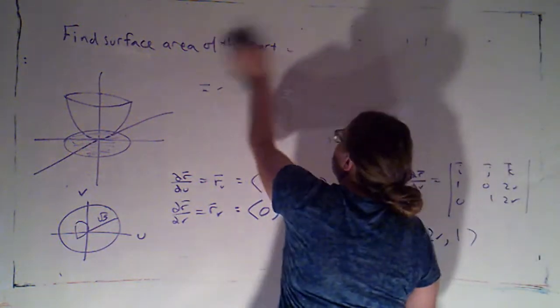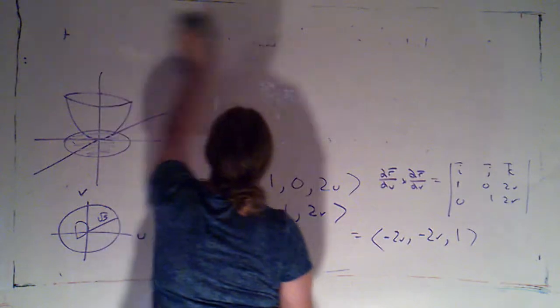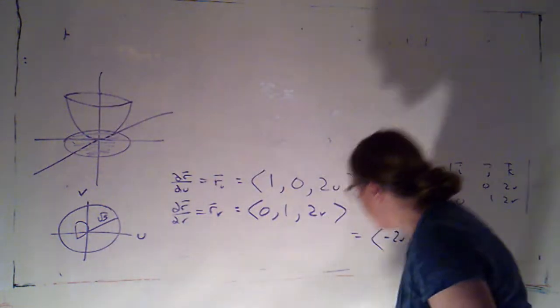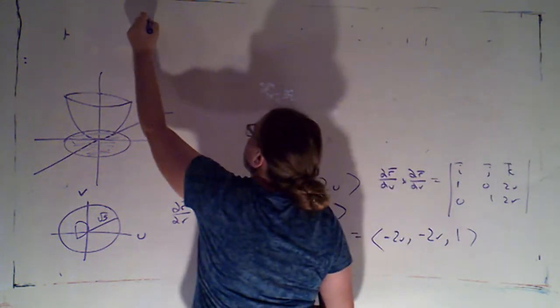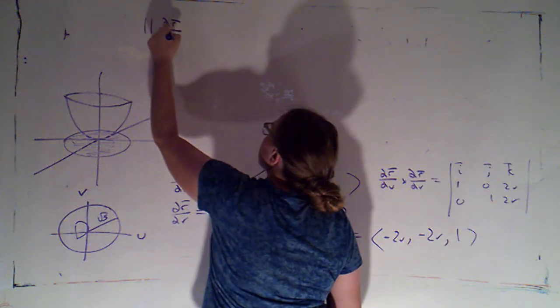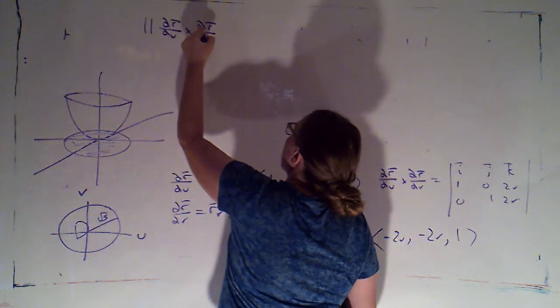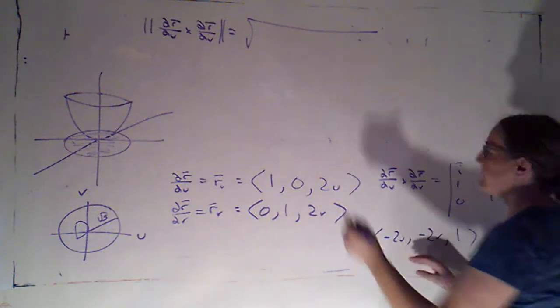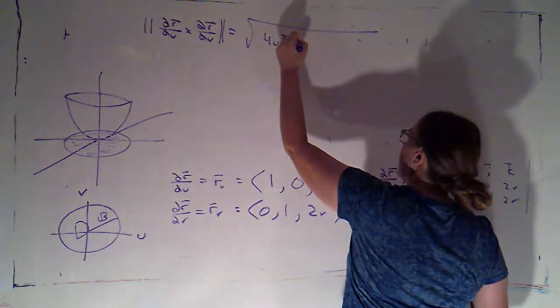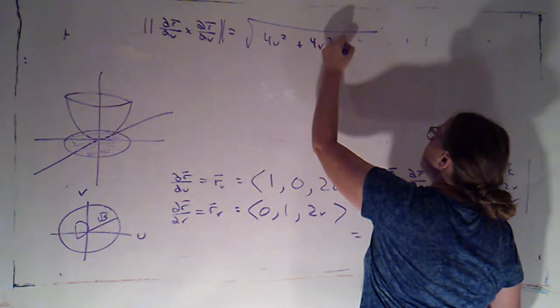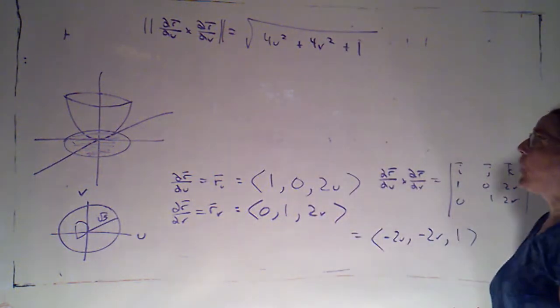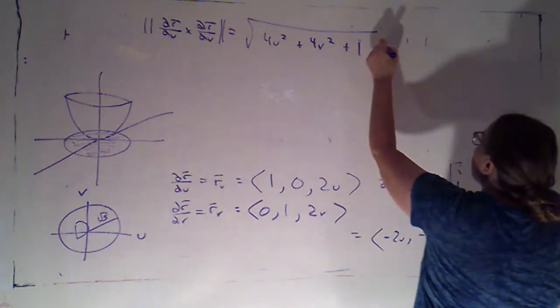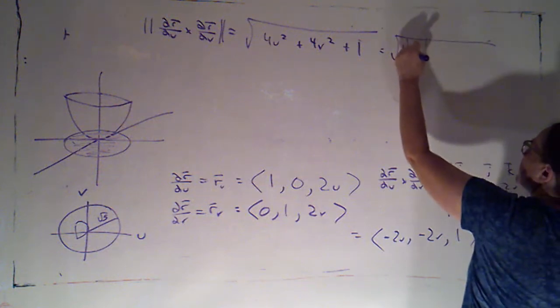I'm going to erase this to clear some space at the top of the board. So the magnitude then of del r del u crossed with del r del v would be the square root of 4u squared plus 4v squared plus 1. And if I want, I can factor out that 4 from those first two terms.